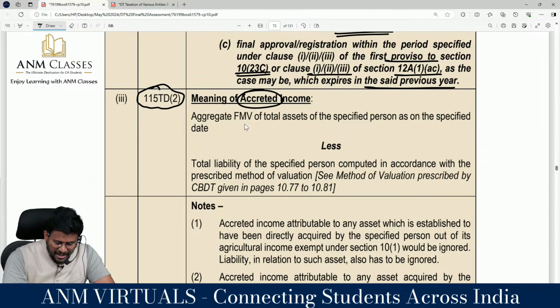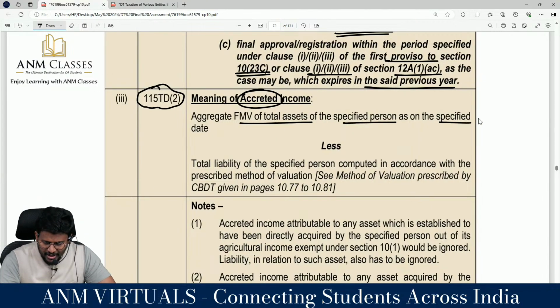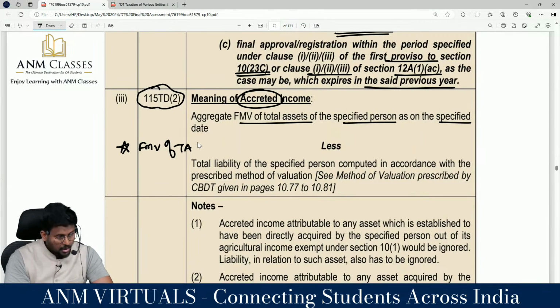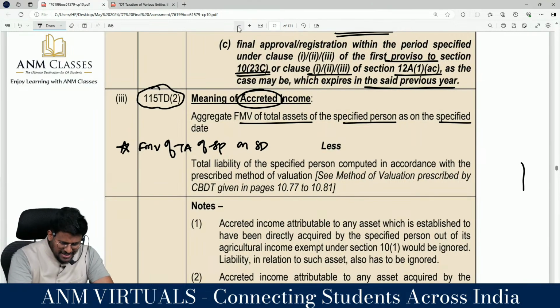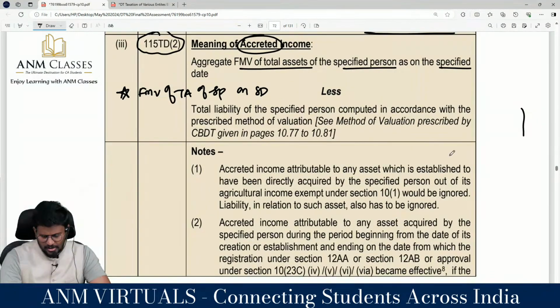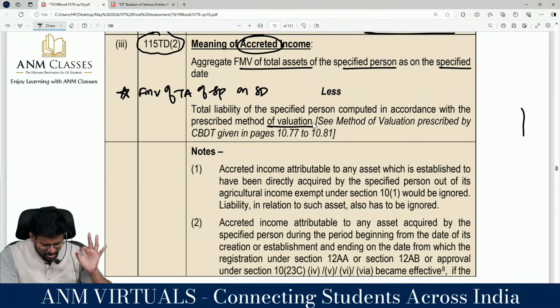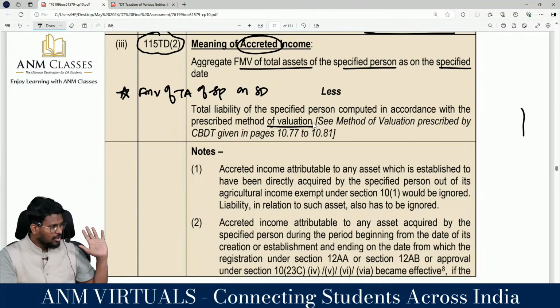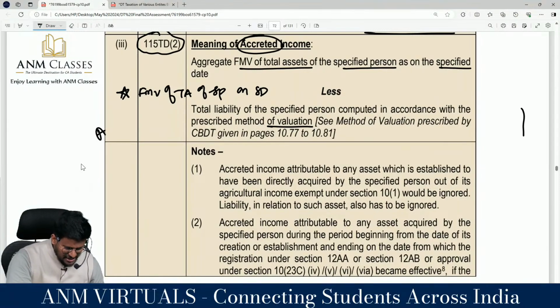Accreted income means aggregate fair market value of total asset of the person as on the specified date, less total liability of the person, computed in accordance with the prescribed method of valuation, which is nothing but net asset, assets minus liability.